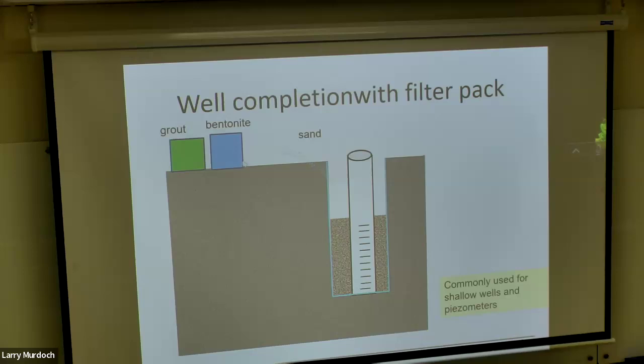The way that's done is to put in a material called bentonite. Bentonite is a rock that is composed of a clay mineral called montmorillonite that swells when it's exposed to water. It'll swell several times larger than it is when it's dry.